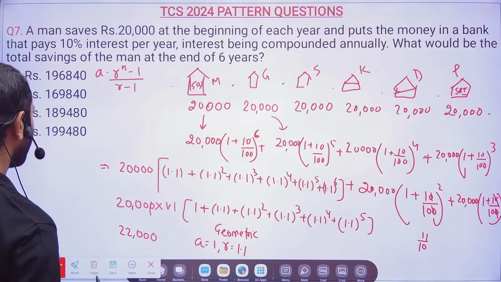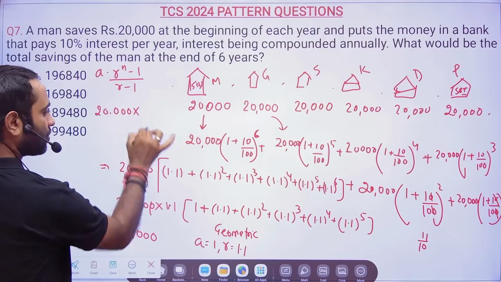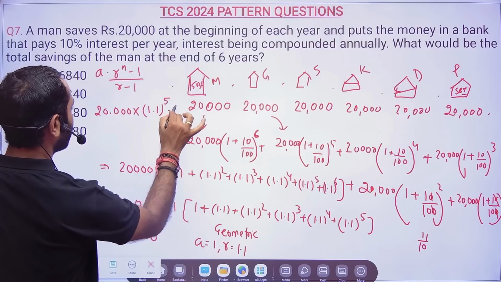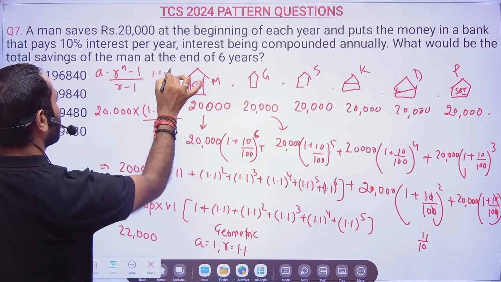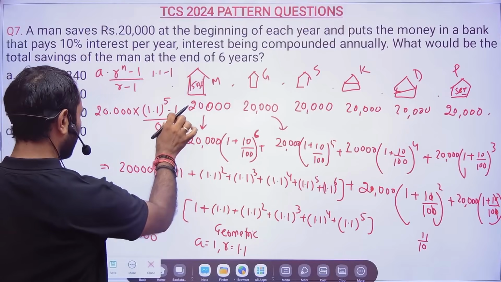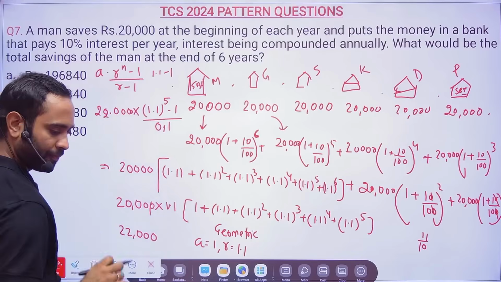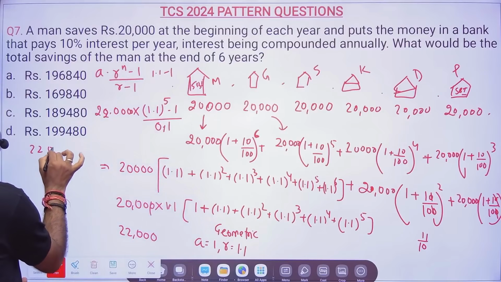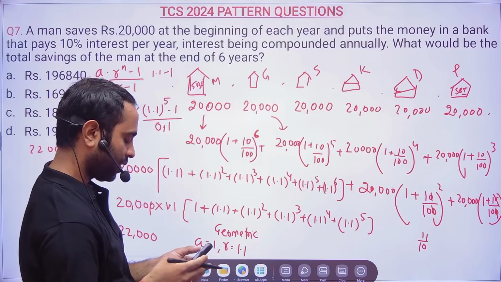So here it will become 20,000. How many terms? 5 terms are there now. So 1.1 to the power 5 minus 1 divided by 1.1 minus 1, which is nothing but 0.1. Now if you remove this, one more 0, so this is 22,000, so one more 0 will go up. So basically now 22 and 1, 2, 3, 4 into 1.1 to the power 5 you have to calculate.